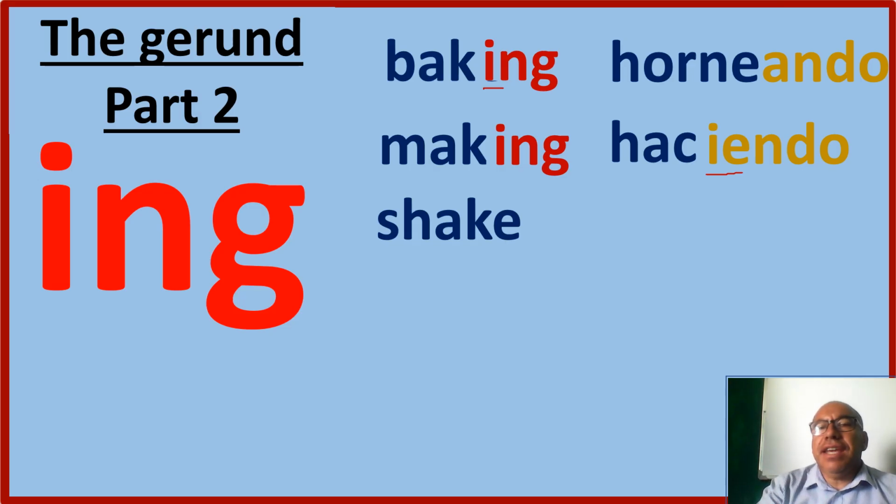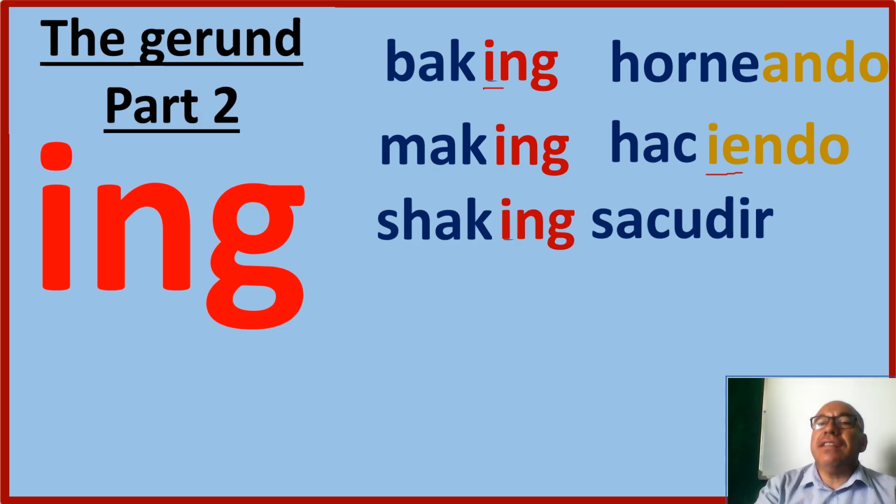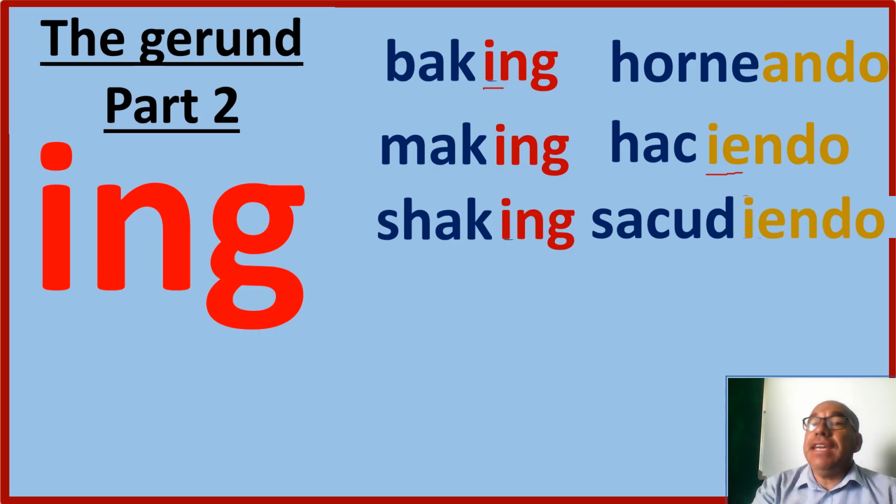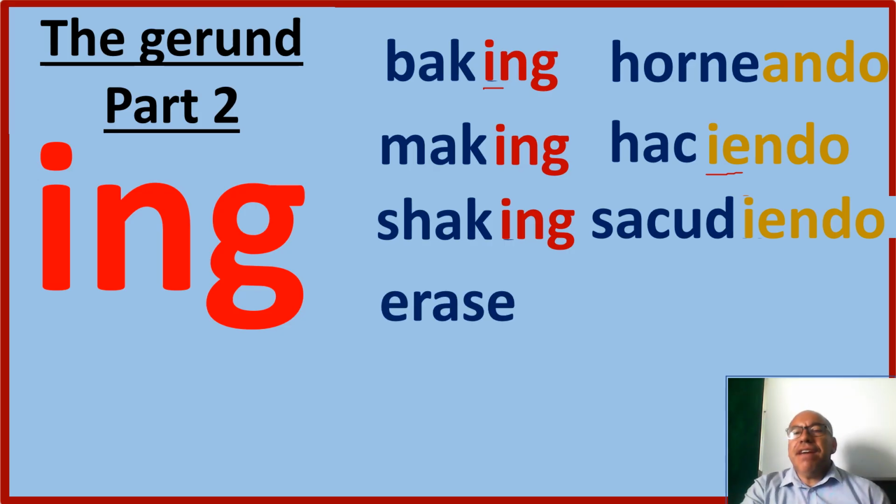Shake. Shaking is for sacudir, but this verb in Spanish, sacudir, ends in I and R. So we have to write the gerund by adding yendo. Shaking, sacudiendo. Next, erase.